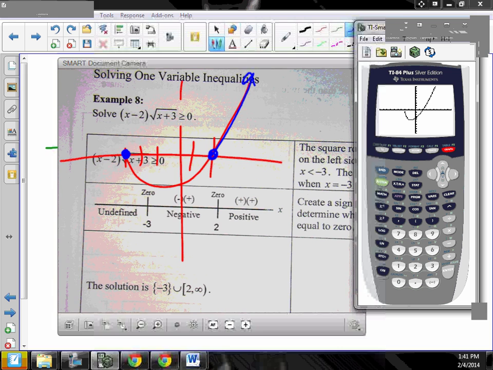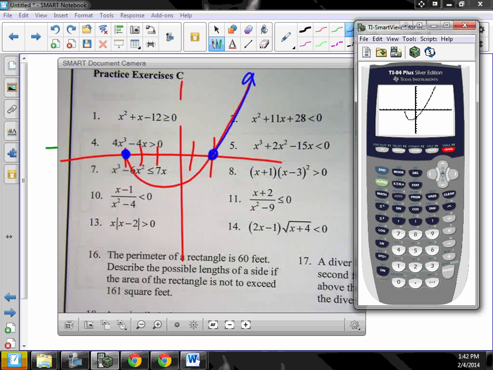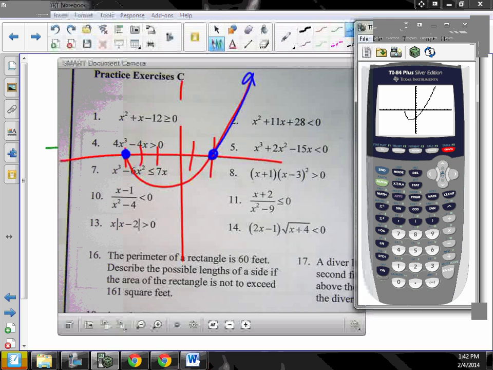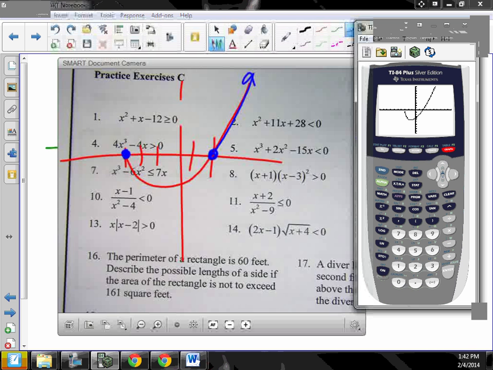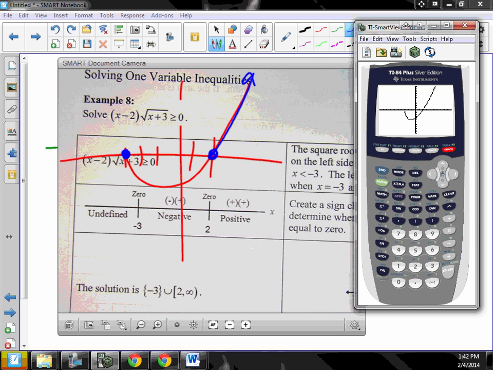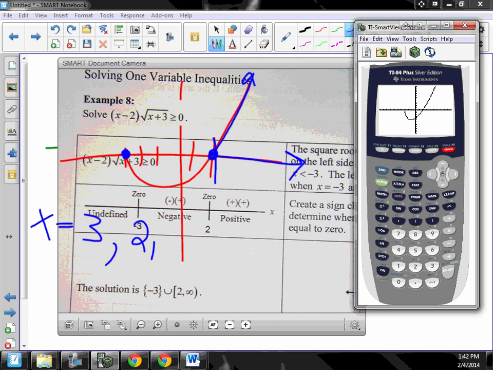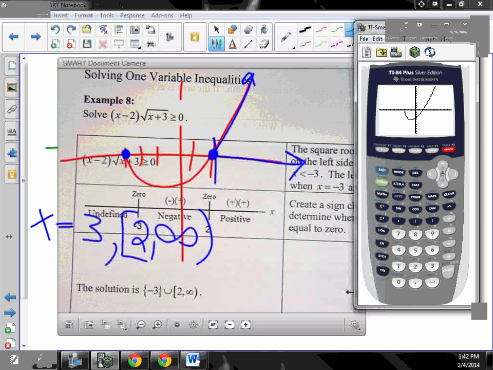Okay, we do need to state the intervals. So the answers are x equals 3 and the interval from 2 to infinity, and what? Good. Bracket and parenthesis. So you'll draw the graph and then state your answers in this form.